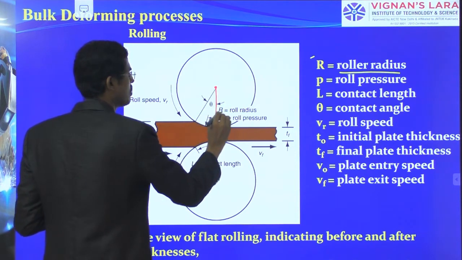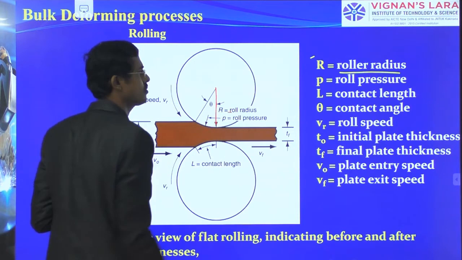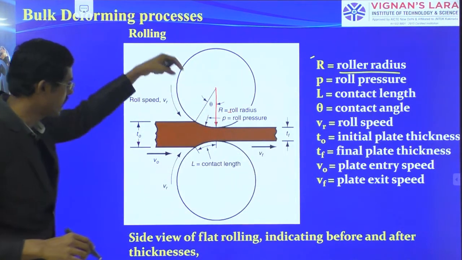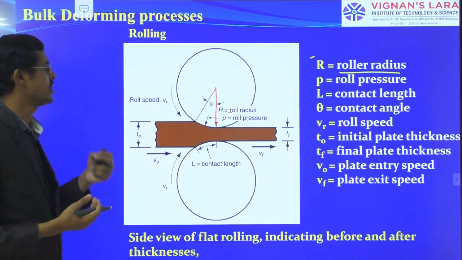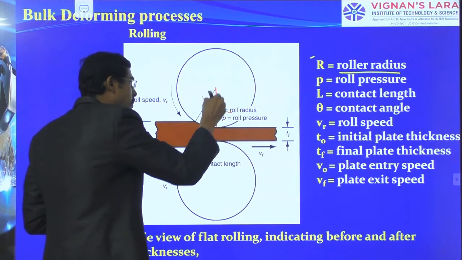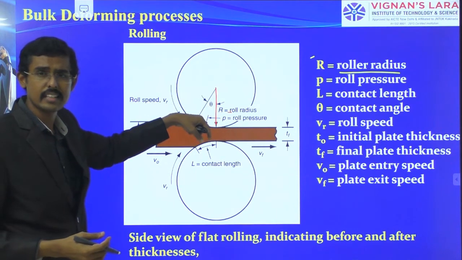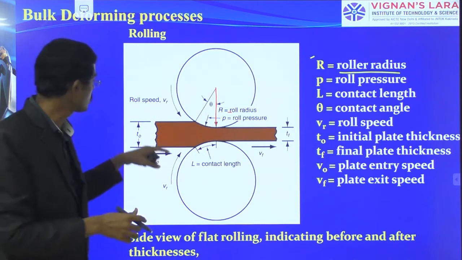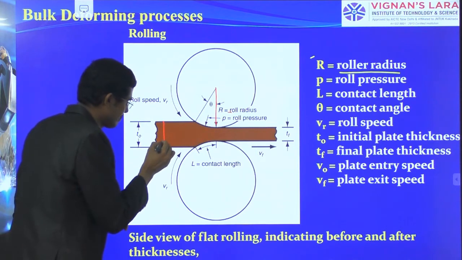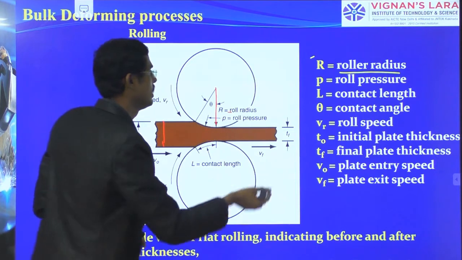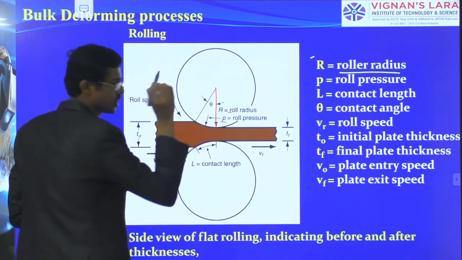Then the roll pressure, how much pressure we have applied. Here itself we are applying pressure because the roll should be in contact and give the force for the thickness reduction. Therefore we need a force there. Roll pressure I am giving.